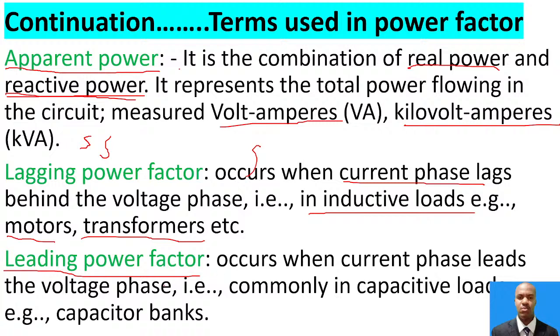When voltage lags behind the current, we say that we are experiencing a leading power factor, and it is commonly in capacitive loads, such as the capacitor banks that are used to improve power factor.